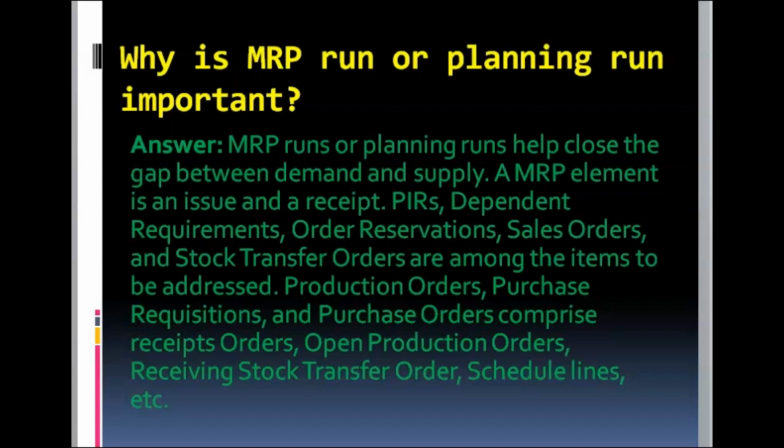PIRs, dependent requirements, order reservations, sales orders and stock transfer orders are among the items to be addressed. Production orders, purchase requisitions and purchase orders comprise receipts: open production orders, receiving stock transfer orders, schedule lines, etc.